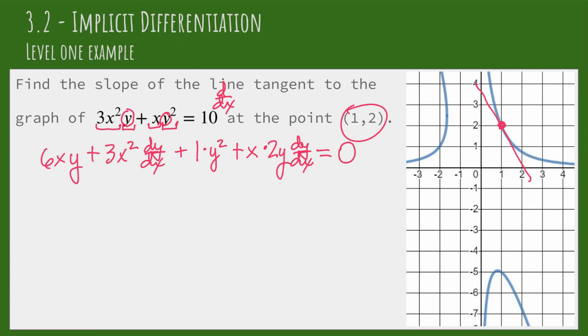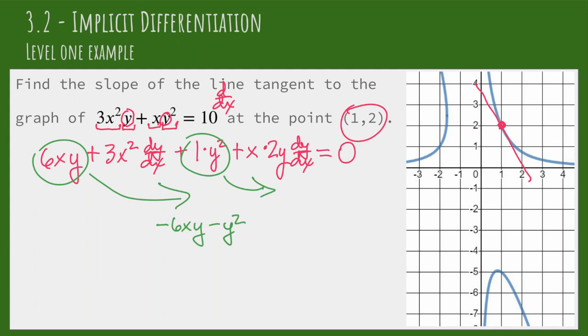Now we want to solve for dy dx. I'm going to do this with multiple steps at once. In my head, I'm thinking we're moving anything without a dy dx to the other side, or factoring out the dy dx, and then dividing by what we factored out of the dy dx. So on the right side, we're going to get negative 6xy minus y squared.